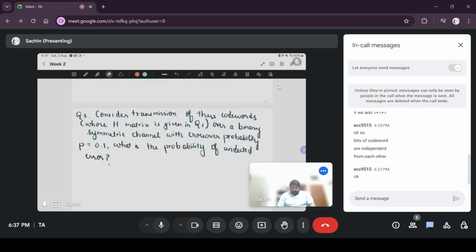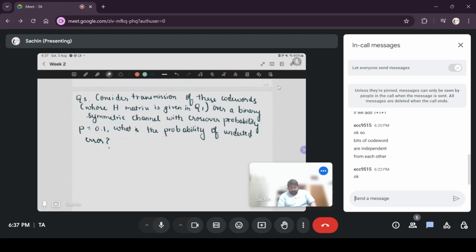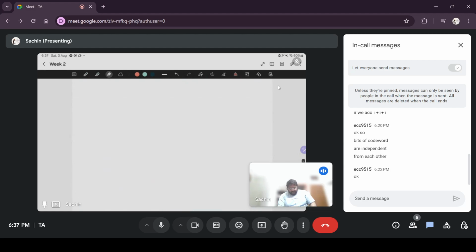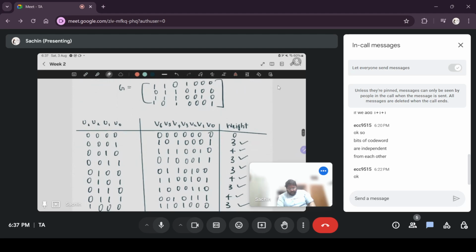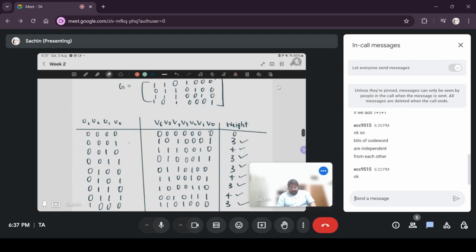So what we will do in this situation is assume that the code word 0000 has been transmitted and you received a different code word, and you will find out the probability that that particular code word was received. That is, the probability that the error occurred in those particular bits. And we'll do that for each of the possible code words.